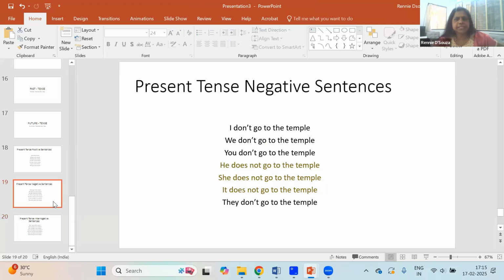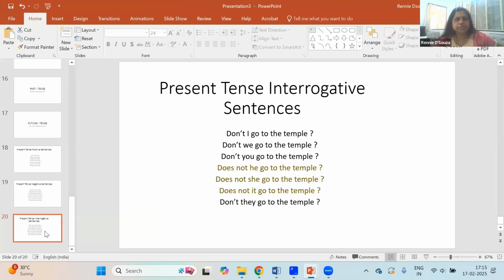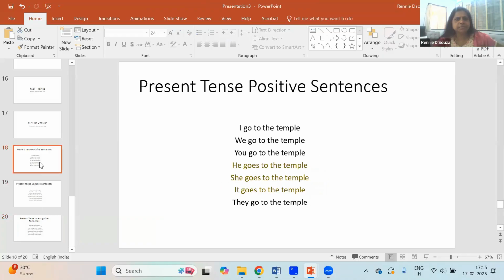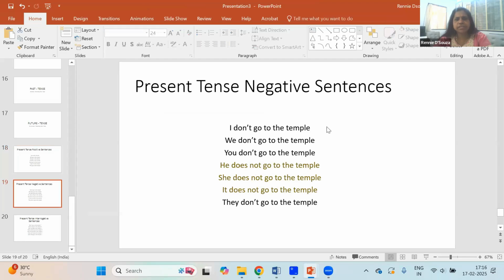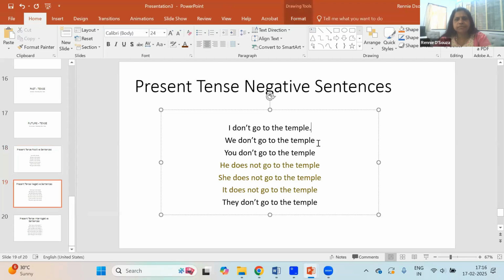Do and does are the helping verbs in present tense, and we use these for forming interrogative sentences. And we add a question mark to the end, whereas to the positive sentence, we add a full stop, right?